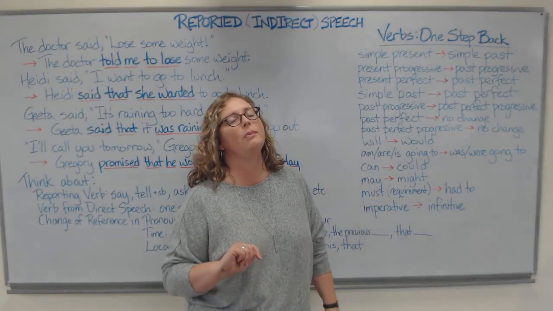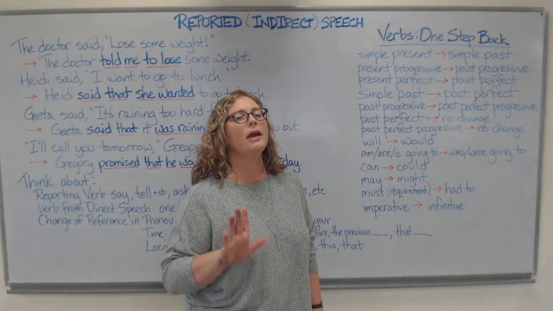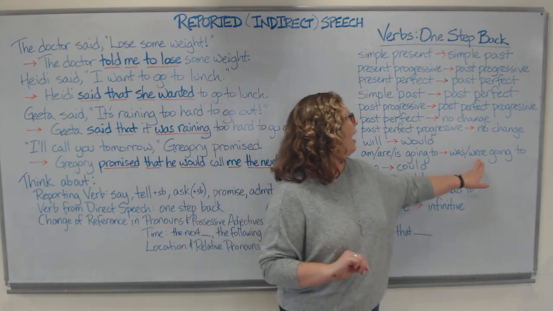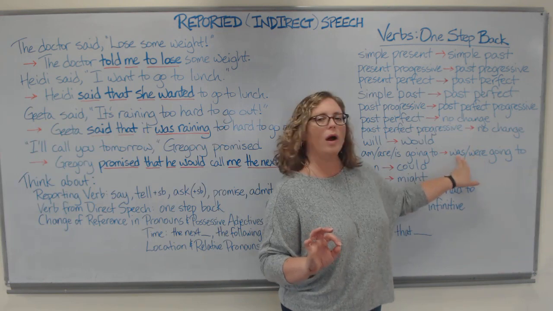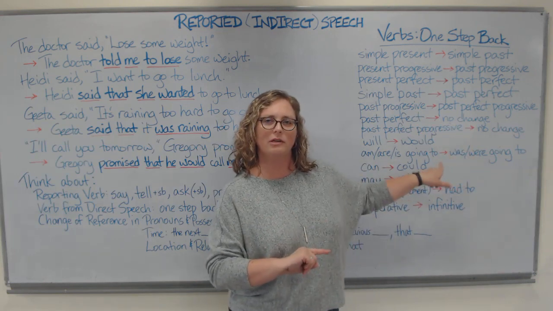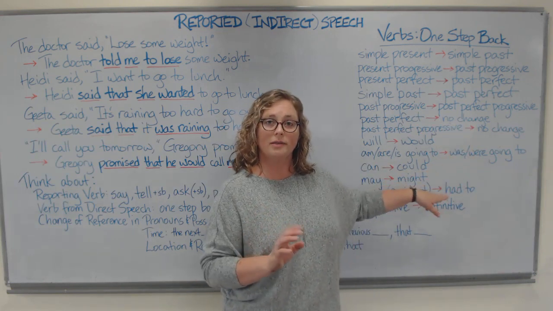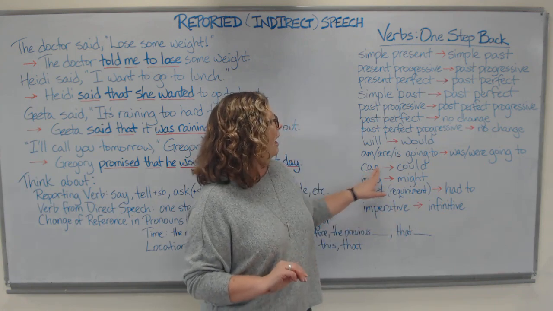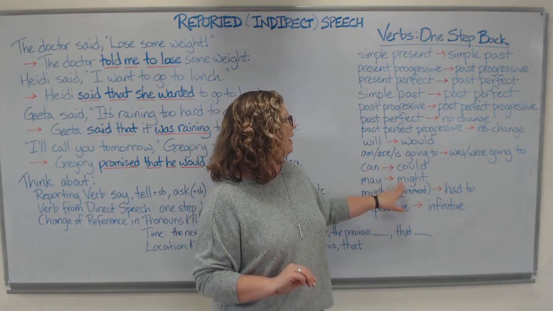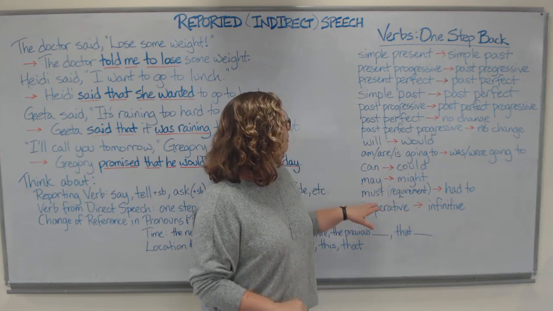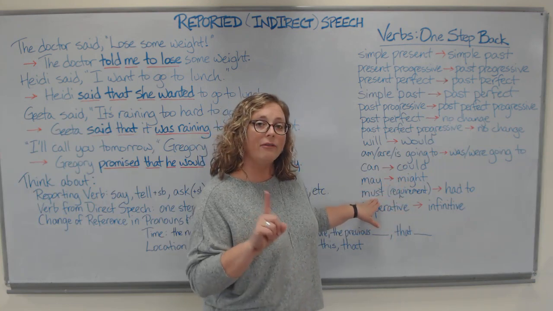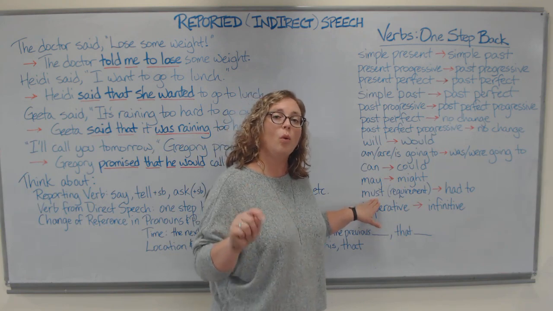If you have studied hypothetical conditionals, you might have learned that were is the common form and not was, but this is different. You can use was and were. Can to could, may to might. This one is not as common, but still it's used. Must, if you are talking about a requirement.